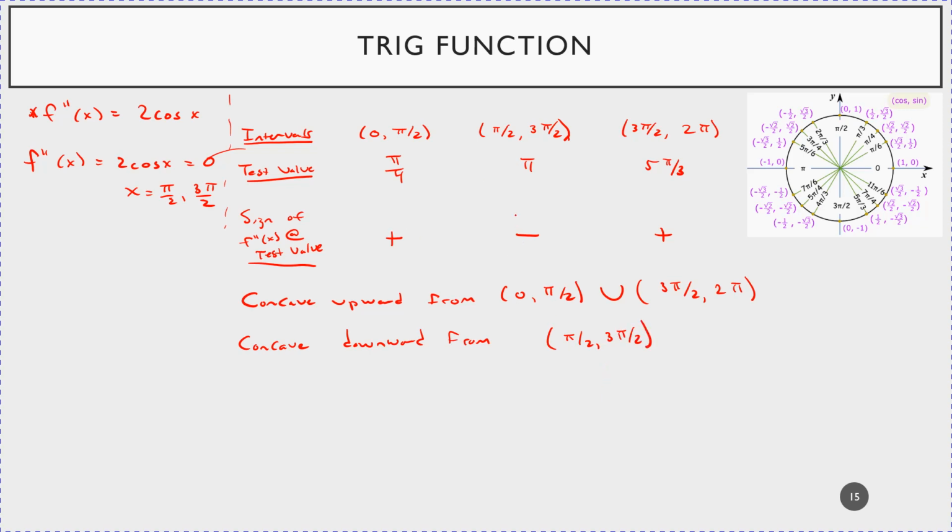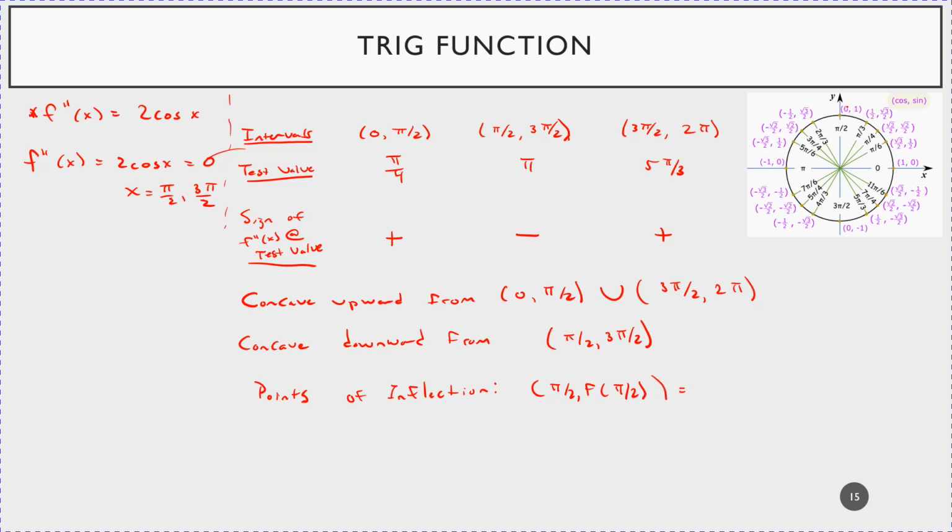So we have 2 points of inflection, right? Where you change concavity. You have one at pi over 2, so it's pi over 2, comma f of pi over 2.